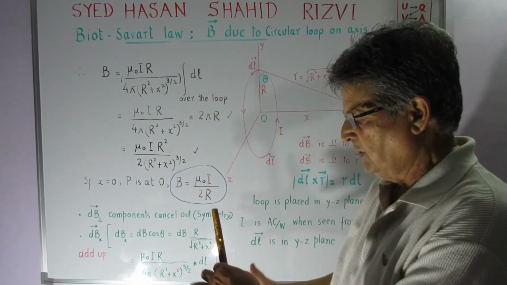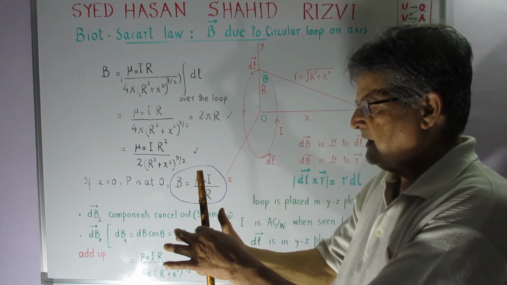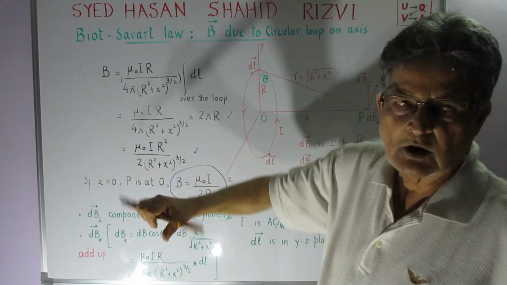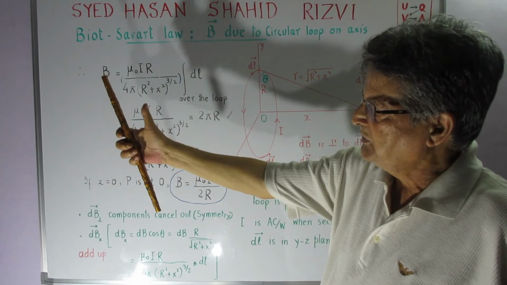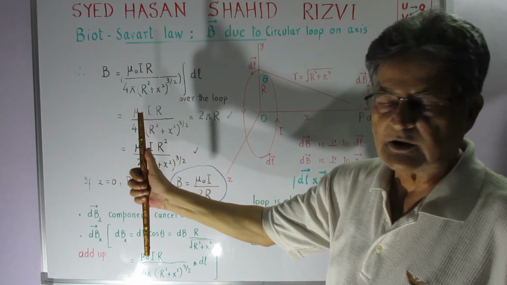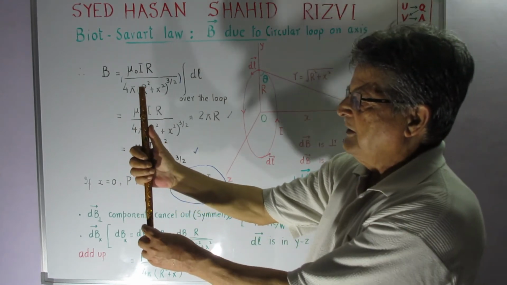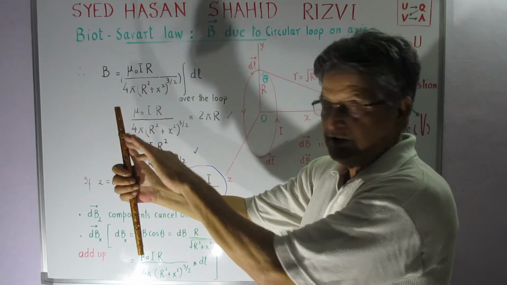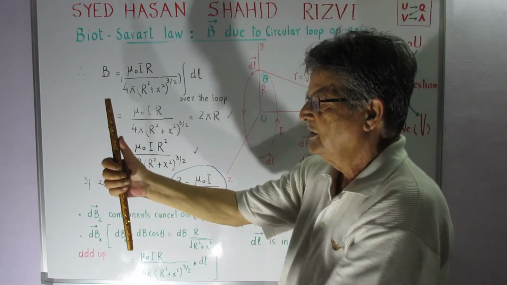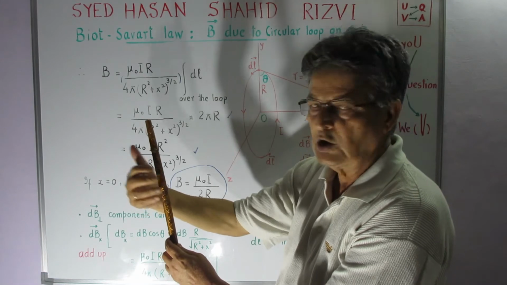Now what I am going to do is use my right palm, and you know that the current from here is anti-clockwise, so I hold it like this and I keep my thumb in the direction of flow of current. Then you can see that the lines of field, or the field lines, will come like this out of this loop.